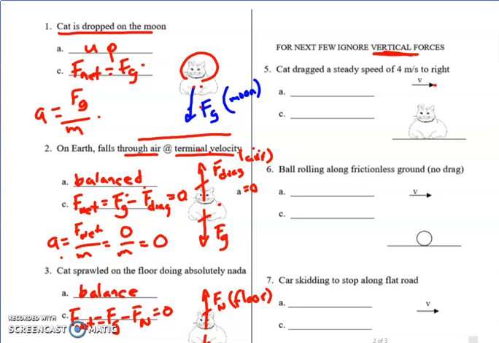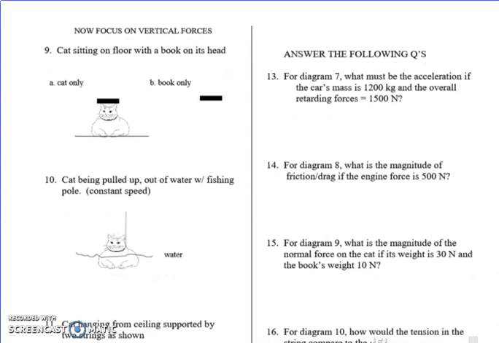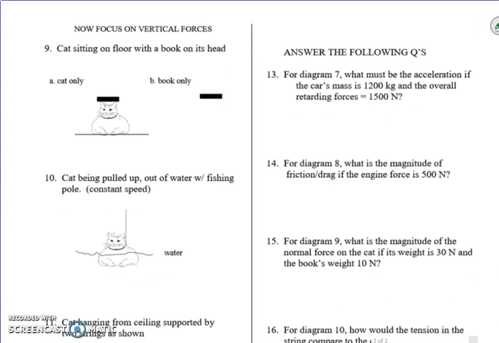Once you're done with those, on the other side, it gets a little bit more difficult. Now you're going to focus on the vertical forces. Okay, so we have 3 or 4 situations. Do your best with that, and then try to answer the following questions. We'll discuss those in class. Perhaps if I have time, I'll do a follow-up video to give you answers.